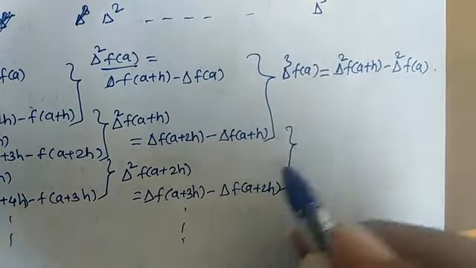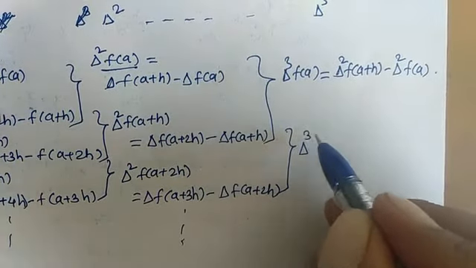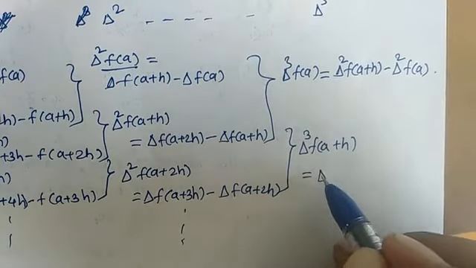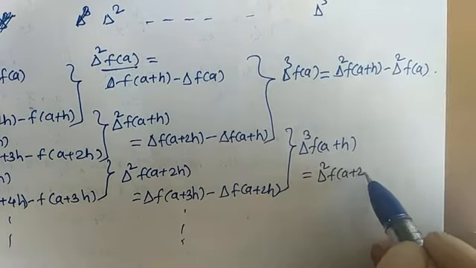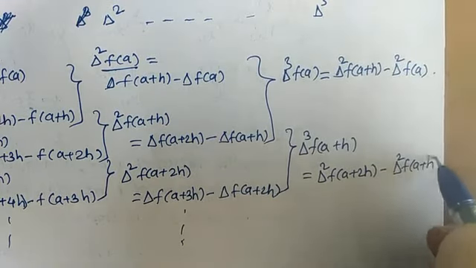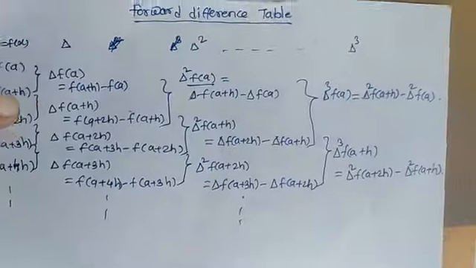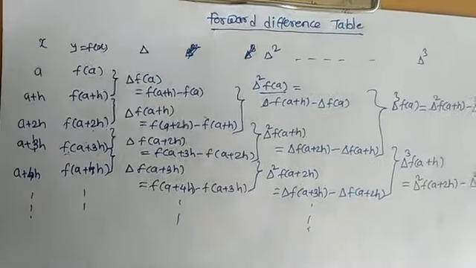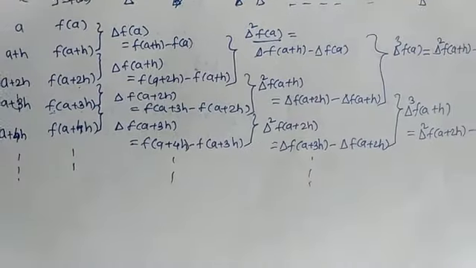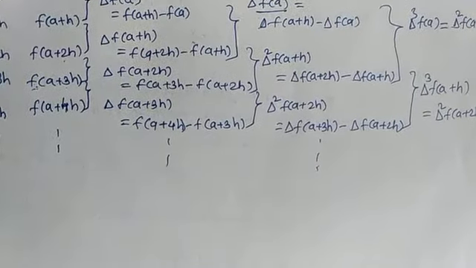Here it will be del square f of a plus 2h minus del square f of a plus h. Okay, so in this way we have to make a forward difference table. So this was all about the forward difference table.